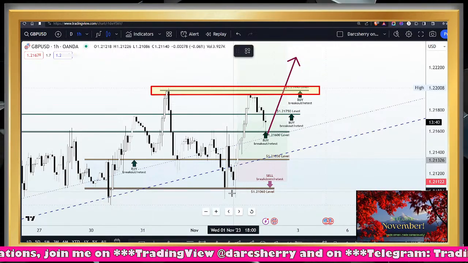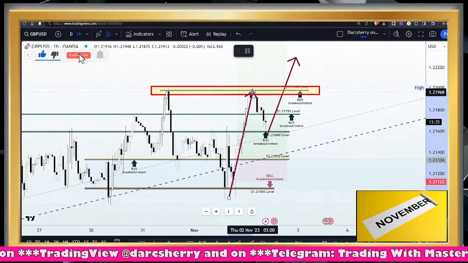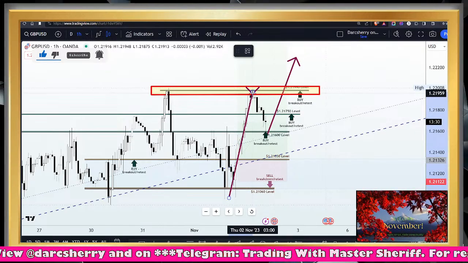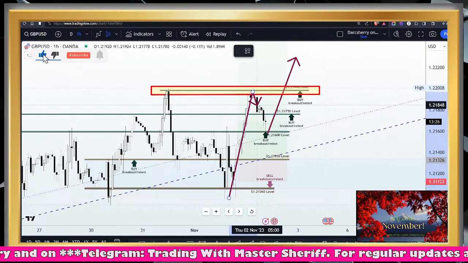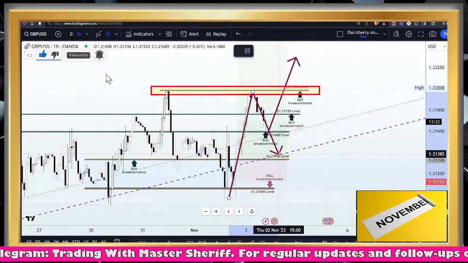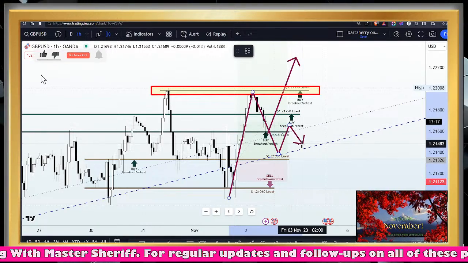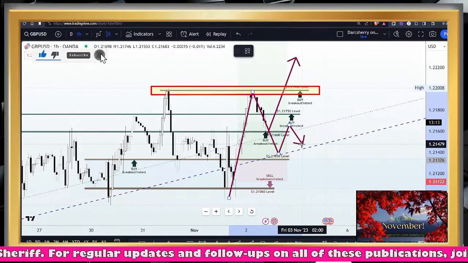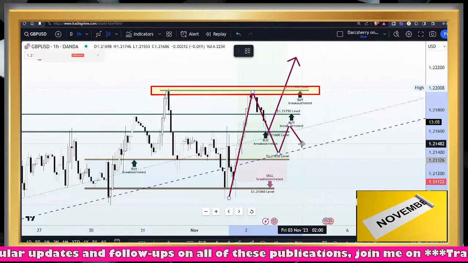Now, if we take into consideration this impulsive move that started during the later part of the New York session yesterday, bringing price back into that high at the 1.21990 level, I want to see some retracement move back into either of these ascending trend lines, where the appearance of buy pressure transitioning into a potential reversal pattern, maybe a double bottom structure or a head and shoulders pattern, gives me clues that we are going bullish.